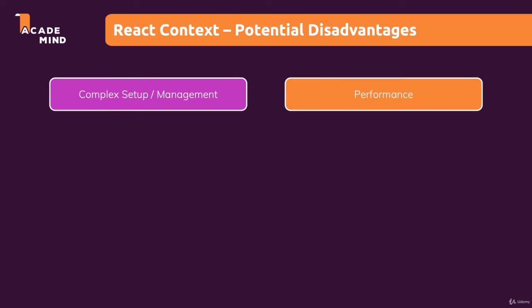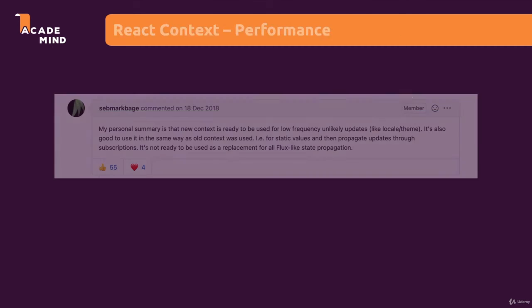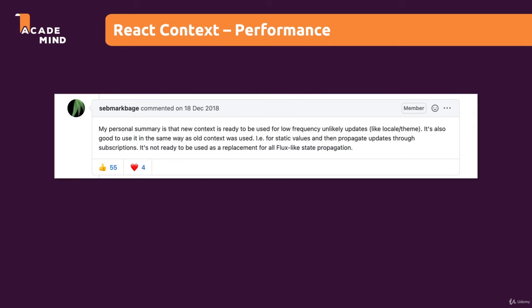Another potential disadvantage could be performance. We have an official quote by a member of the React team who basically says that the new context, which is the context you learn about in this course, the post is from 2018, end of 2018, but still that is exactly the context we are using here, that this context, which was introduced back then, which is why the post is from that date, is great for low frequency updates, like changing a theme or maybe also authentication, but it's not that great if your data changes a lot.